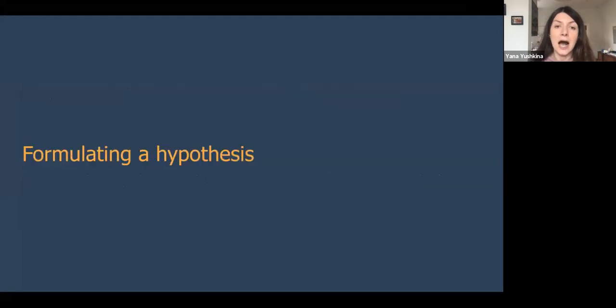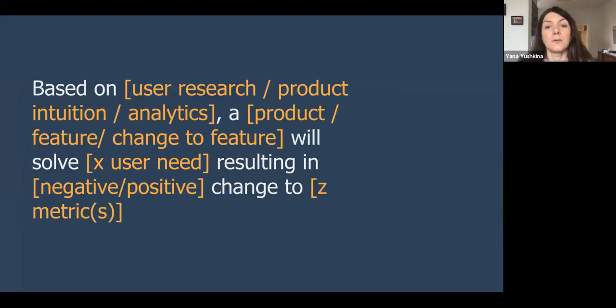And so how do we begin to formulate a hypothesis? We could start with actually many different places. We can start with insights that we drew from user research. We can start with product intuition that we've developed over the years about the product that we've been working on. We can start with existing analytics on user behavior if our product is already out in the wild.